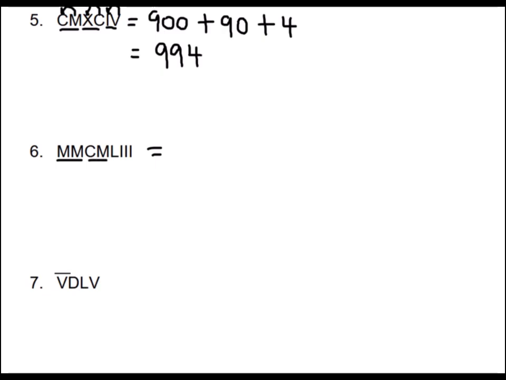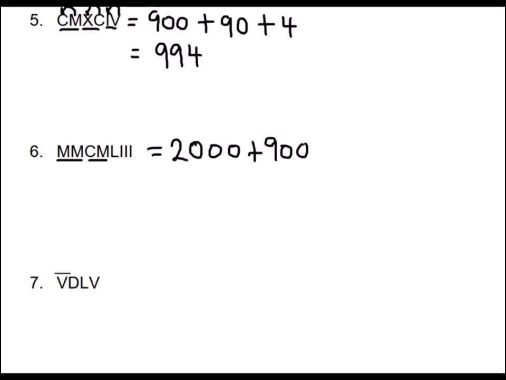Okay, next question, we have MM together, CM, then we have our LIII. So for MM, that will give us 2000. CM, that's 900. I showed you this there. So that's 1000 minus 100, that's 900.